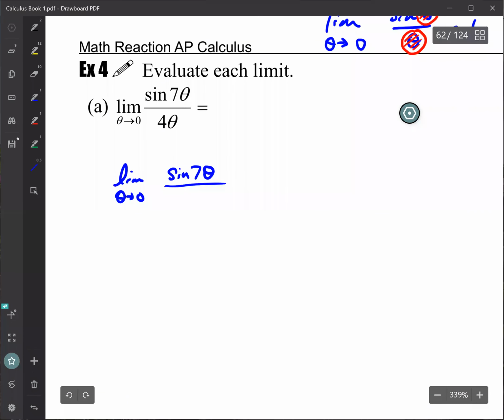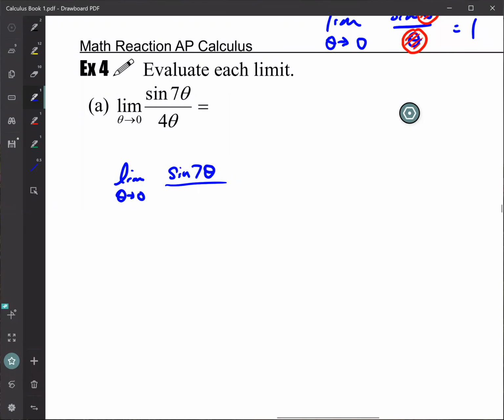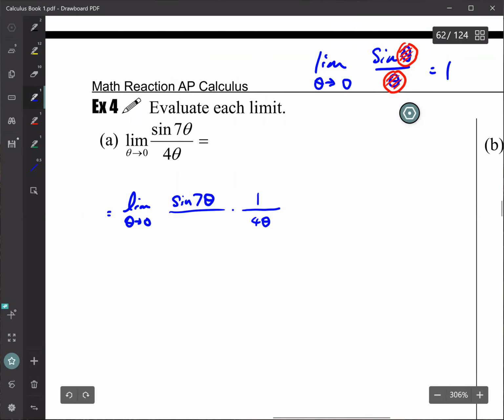So I'm going to keep sine 7 theta on the top, and then times it by 1 over 4 theta. I'm just splitting it. Now what we want is to have the same angle on the top and bottom, so we need to have 7 theta in the denominator.